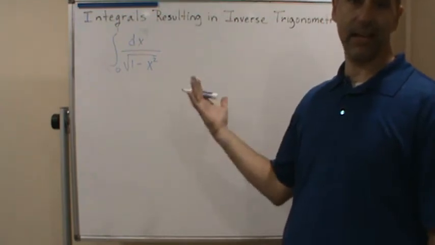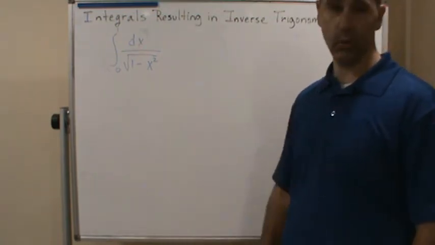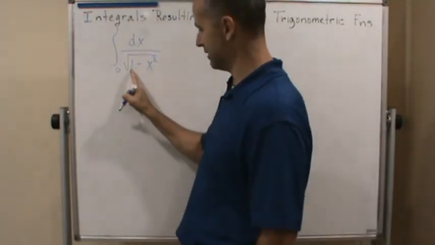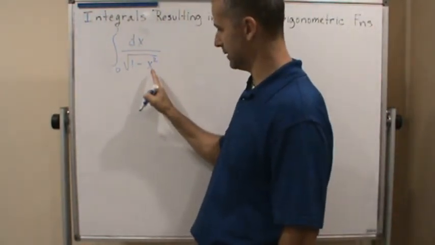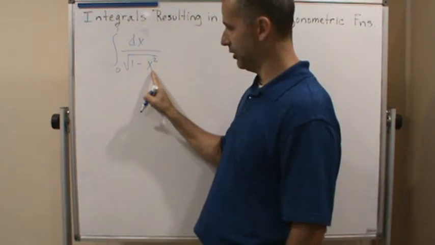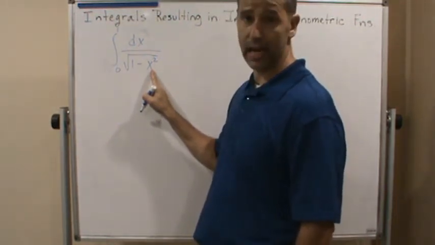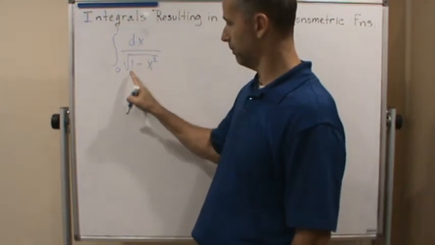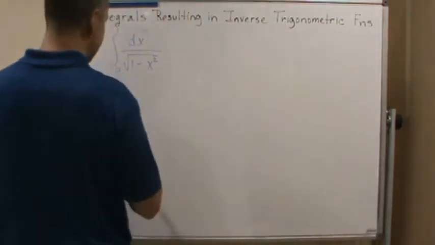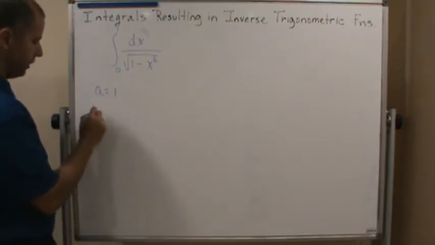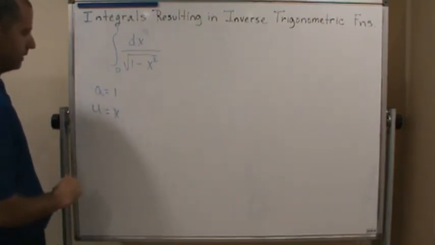This is a candidate for a trig substitution. In fact, that's the only way we can do this. We notice that it has the form a squared minus u squared, or x squared here, so this is going to be inverse sine because it has that form. In this case, a is equal to 1, and u is equal to x.